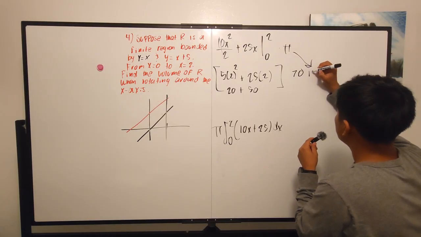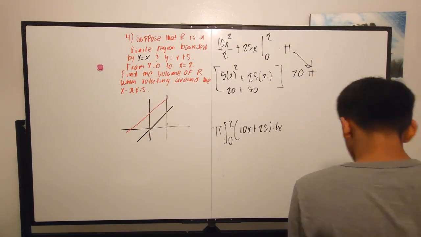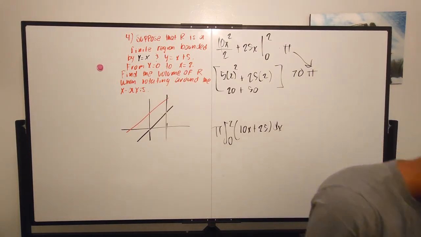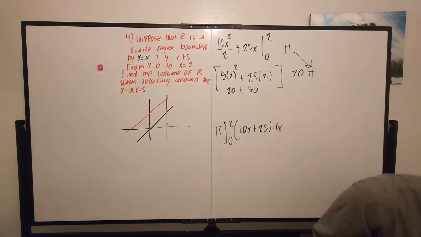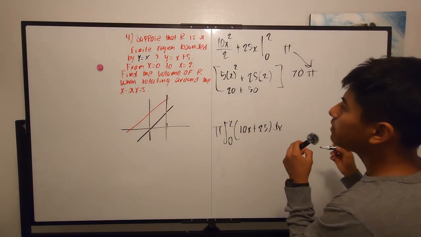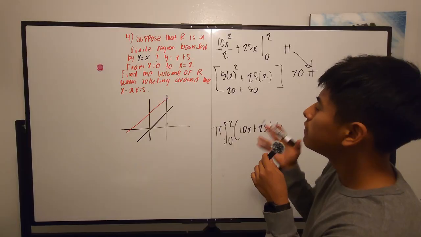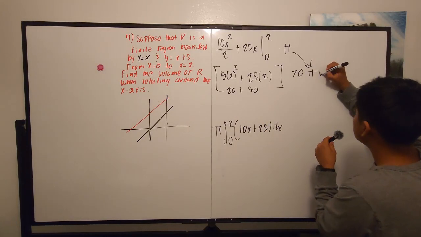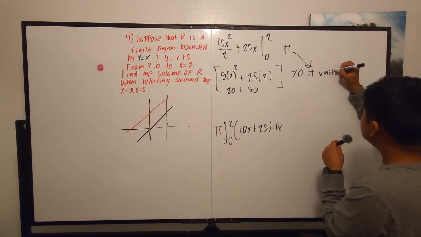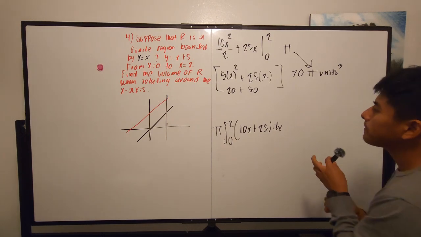Bring down that pi. Your answer is, let me make sure I'm doing this correctly. Yeah, 70 pi, and since we are finding the volume, this is now going to be units cubed.